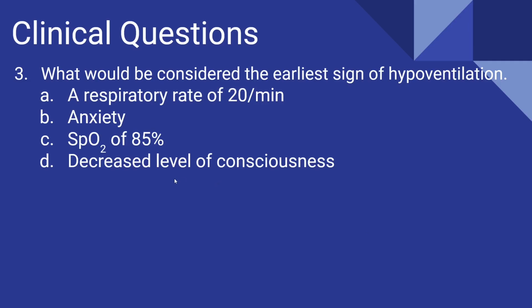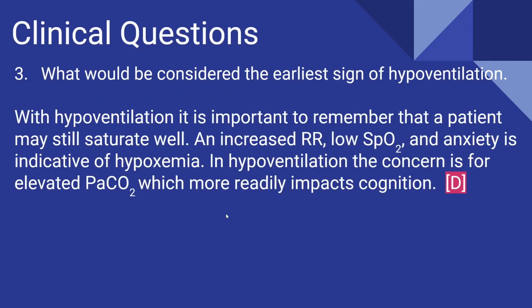So this can be a tricky question, and they might do questions like this on the exam when they're asking for something very specific. They're asking about carbon dioxide here. And they give you three answers that are based on oxygen or hypoxemia. What they're asking about is hypercapnia, the high CO2. Anytime you have a high CO2, it's going to cause a lot of changes to cognition.